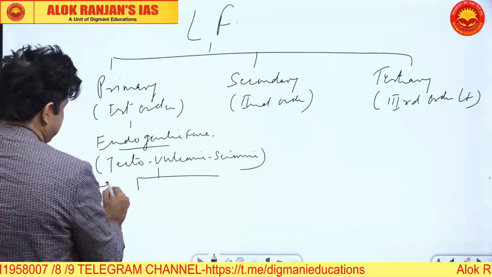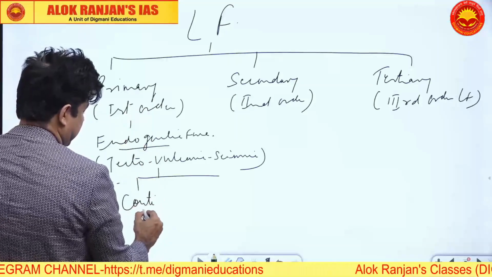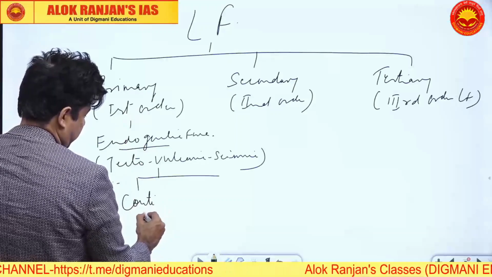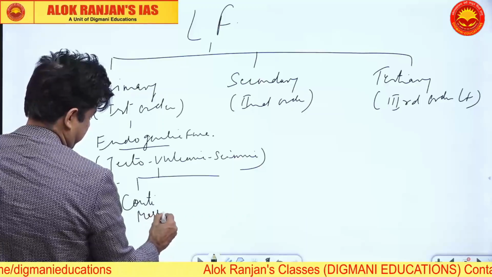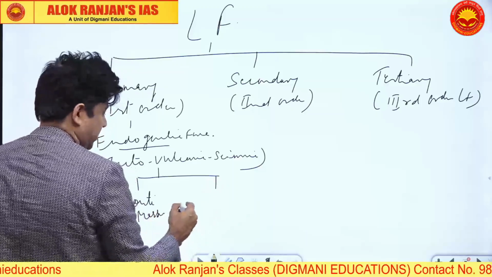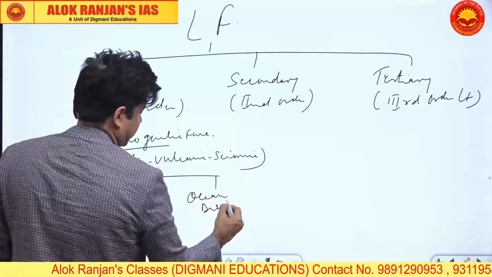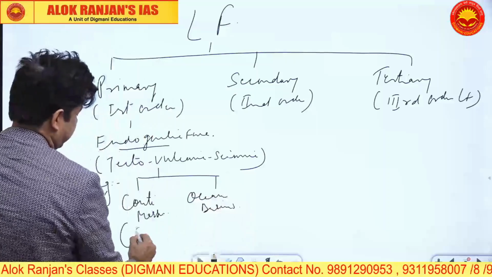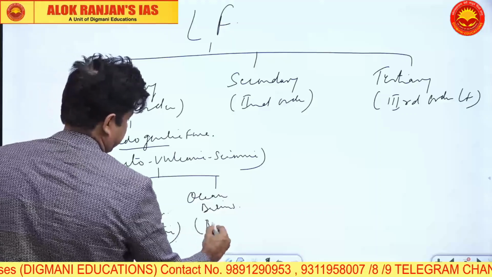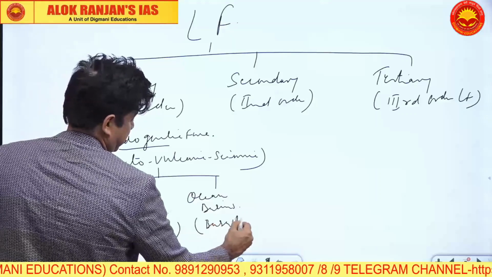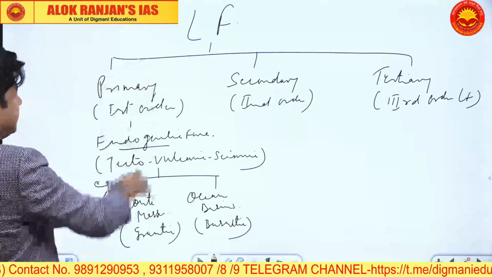The example of such primary landform will be the continental masses and the ocean basins. Continental masses are mainly granitic, ocean basins are mainly basaltic. Okay, so this is your primary landform.